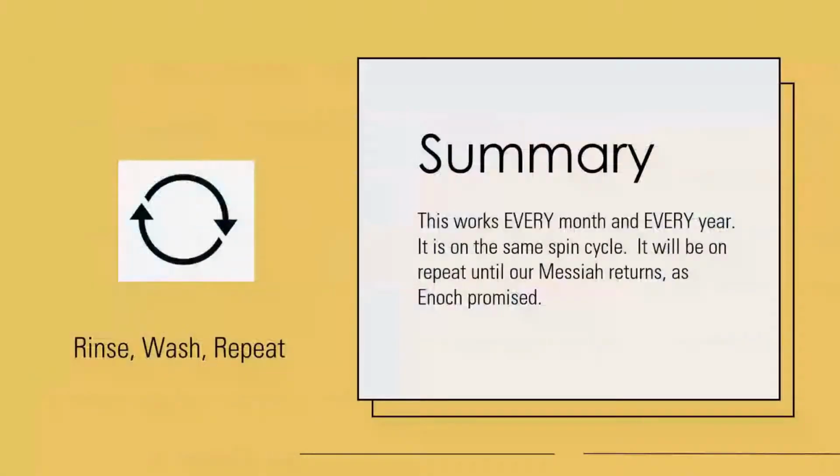Okay, so as you can see, what I have shown you, our particular Zadok calendar did not intercalate, and we didn't intercalate for Abib, so this moon test can be done for every single month of the year.